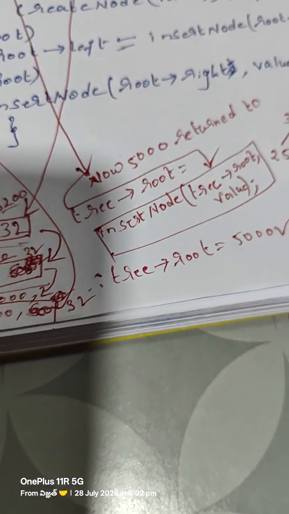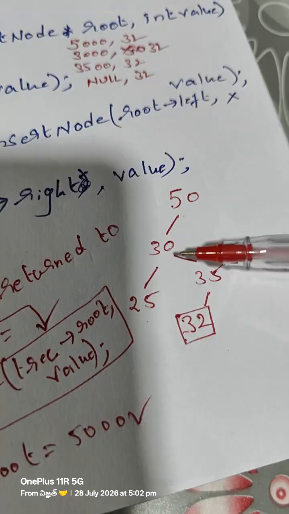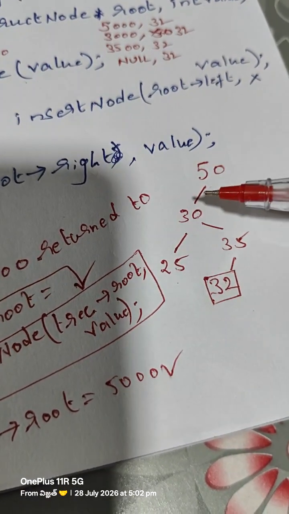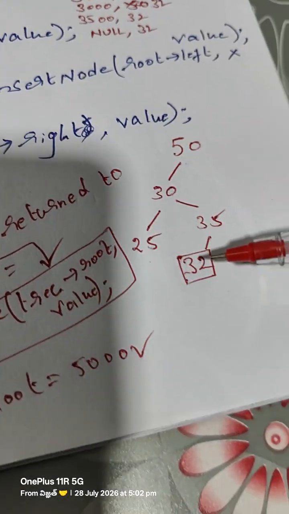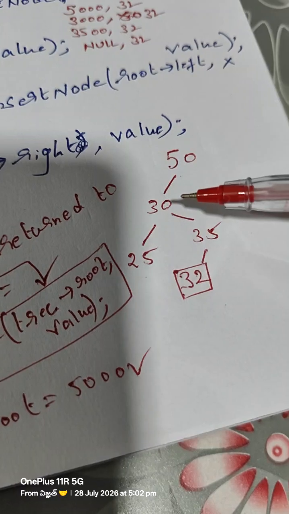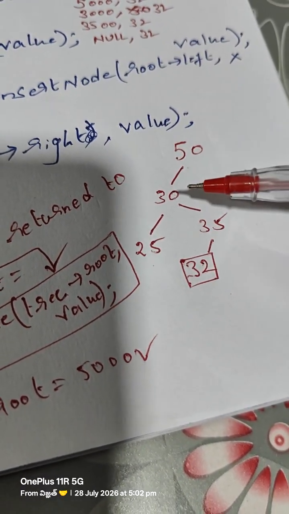So that means at 50, when you are going to insert 32, you insert at the left of 50. Again you are going to insert 32. Now 32 has to be inserted on the right side of 30.